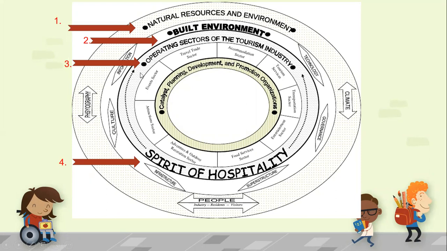Now, in the third part, you can see the operating sectors of the tourism industry. This actually means the transportation and accommodation, and there comes the spirit of hospitality. Now, both of these components are in the same phase, and they give memorable experience to the visitors.